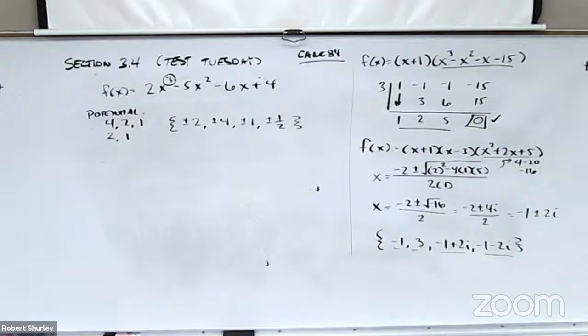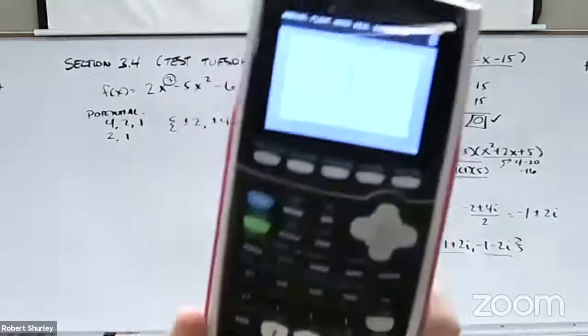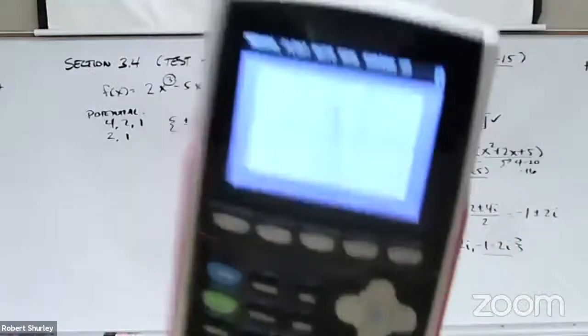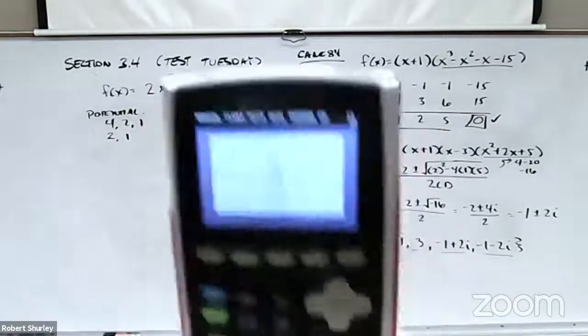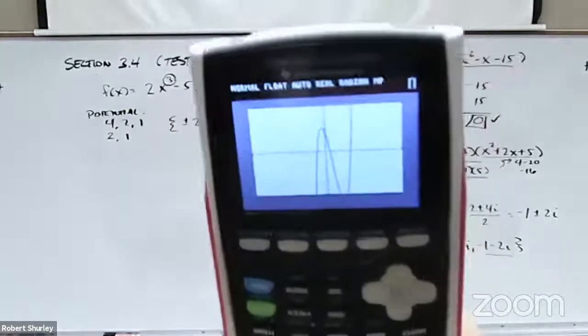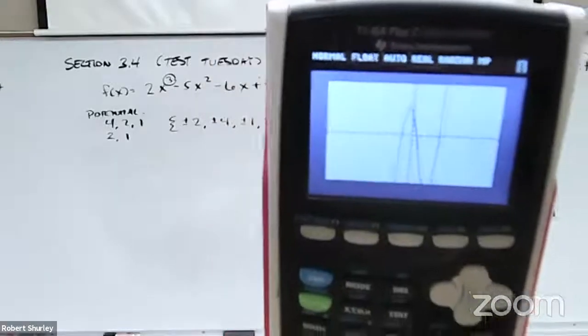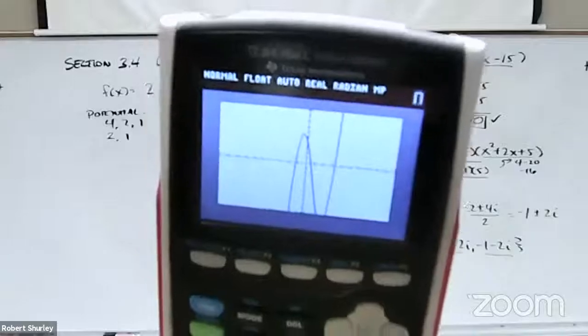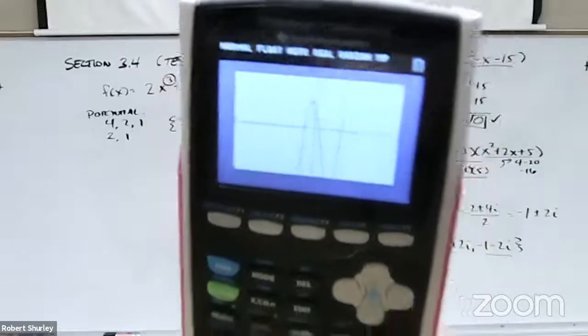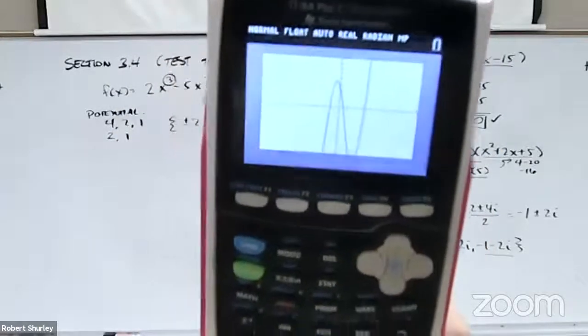When you graph this one, you'll notice all 3 of these here. Hold on, let me see if I can see this one. This is why I chose this one. All 3 of these zeros do not occur at a nice integer zero, okay? That's kind of hard to see there. My hand's kind of shaking.